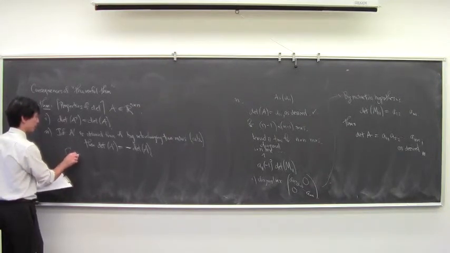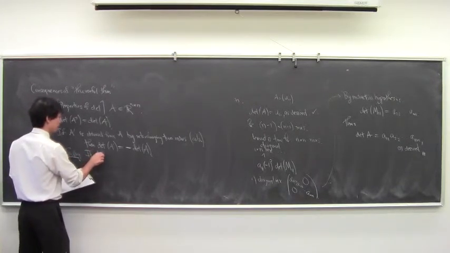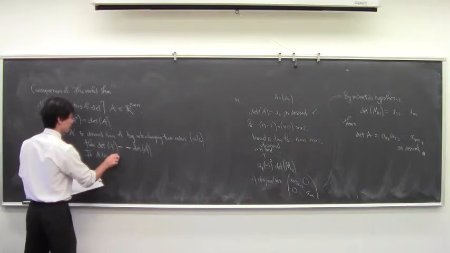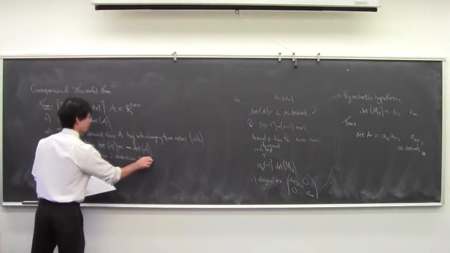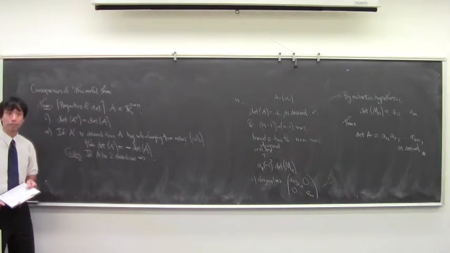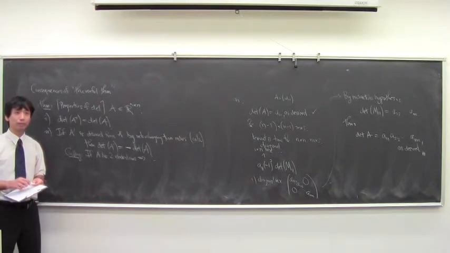And as a corollary, if A has two identical rows, then what? If A has two identical rows, then something happens.